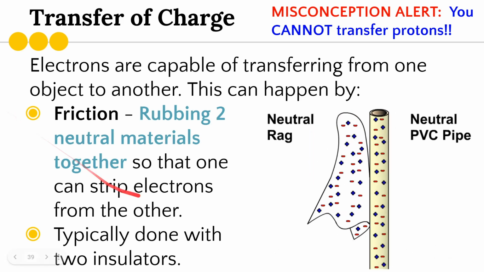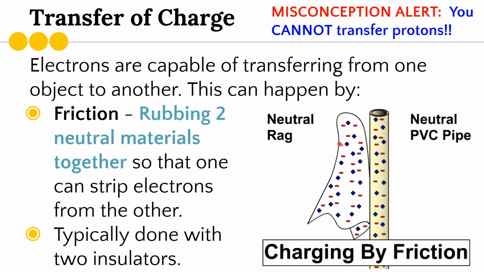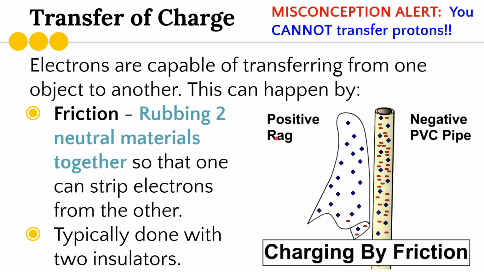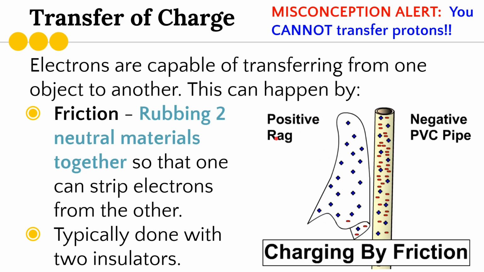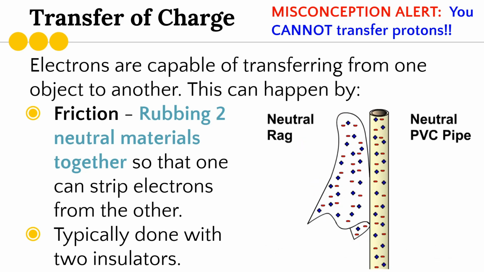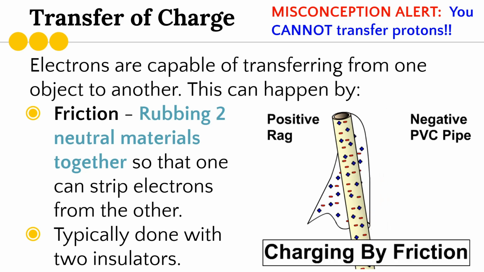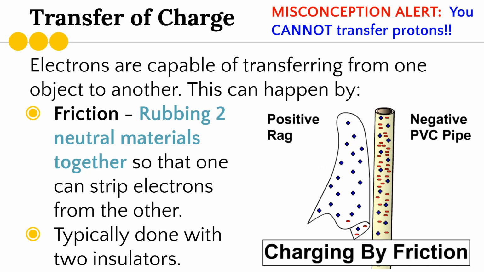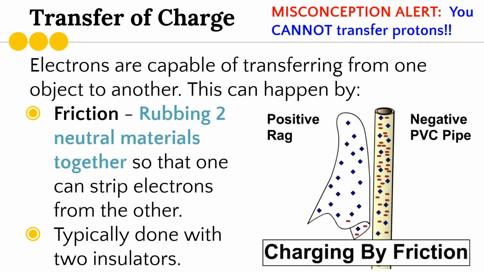In this one, it has a rag and some PVC pipe. And when you rub two objects together, one of them could strip electrons from the other. Again, it depends on how strongly it attracts electrons. Different materials attract electrons more strongly than others. And so if you rub two of those materials together and one of them has a stronger affinity for electrons, it will strip them away.